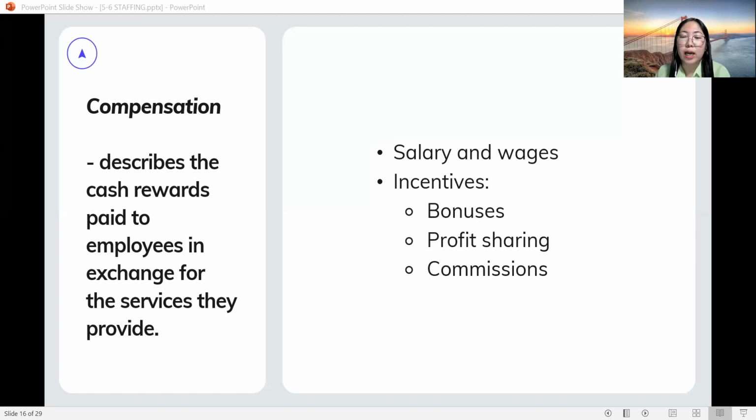So doon nagre-remunerate yung sales into the product and into your commissions through your profits. So next we have here is the performance appraisal.